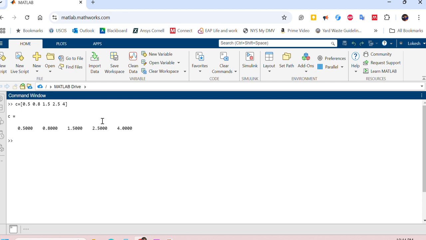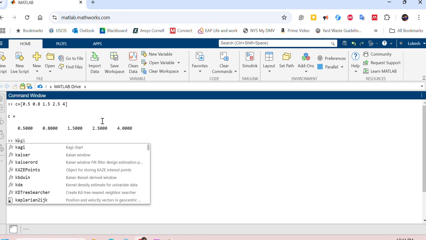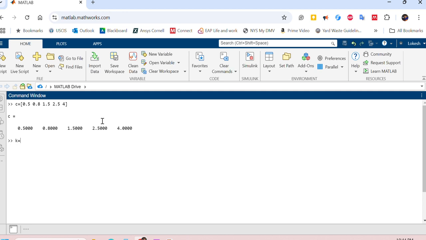And then we had K values, which are equal to 1.1, 2.5, 5.3, 7.6, and 8.9. So those are your k values.